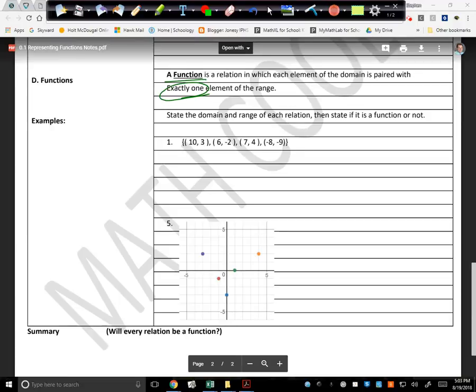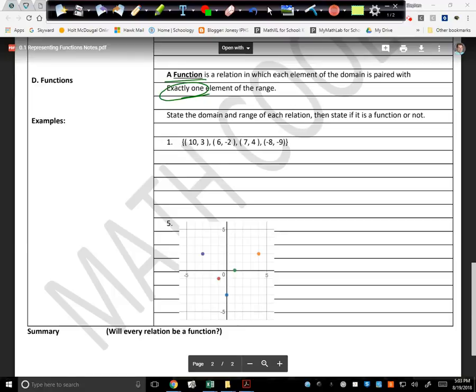So what's special about it is each element of the domain is paired with only one element of the range. So like the second relation we had just a minute ago when mapping is not going to work as a function because the domain value of 1 was paired with 2 elements in the range.